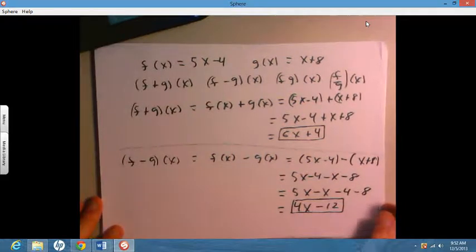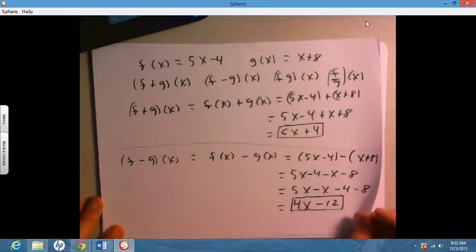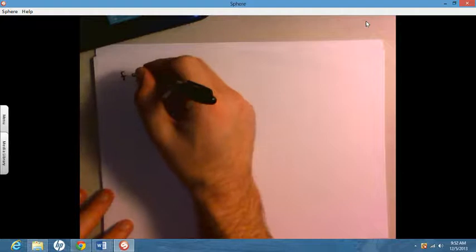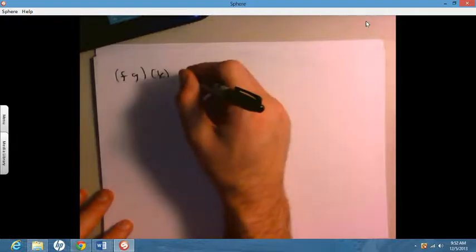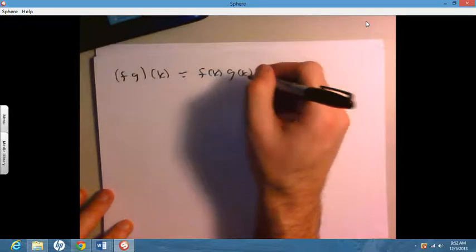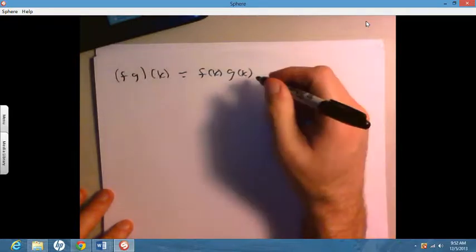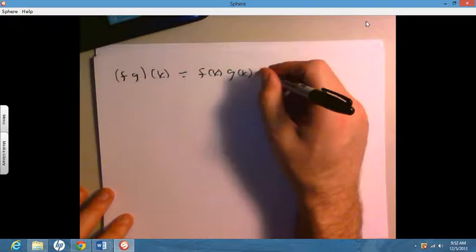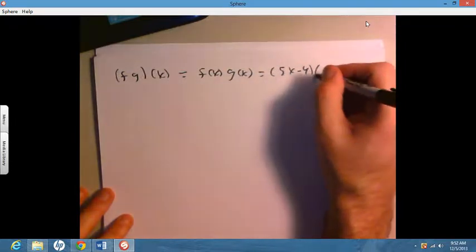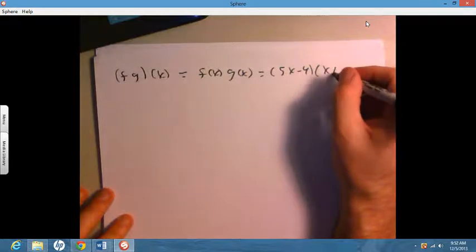Alright, now for the next one, I'm going to do f times g of x. Well, f times g of x is just defined as f of x times g of x. Well, f of x, as before, is equal to 5x minus 4, and g of x is equal to x plus 8.